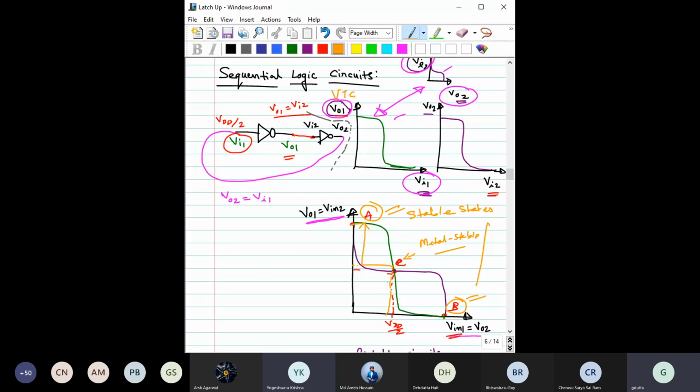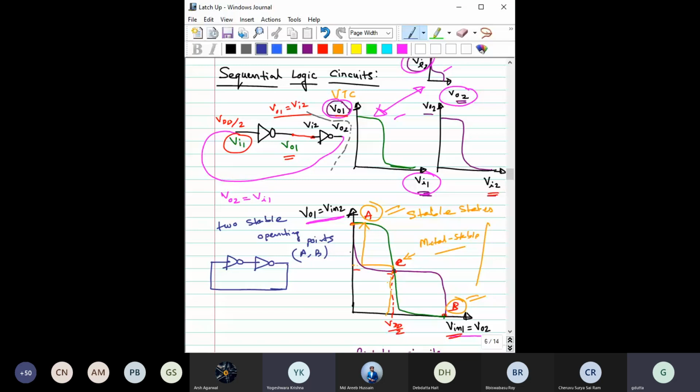So from this we can say one thing. If we connect two inverters like this, then there are only two stable operating points, A and B. And what do A and B stand for?